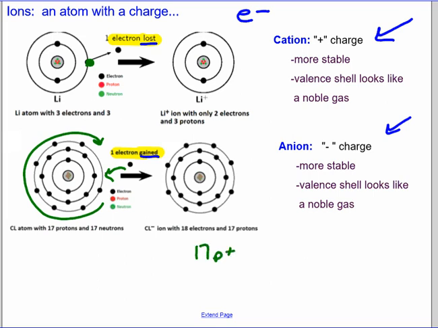Chlorine still has 17 protons in its nucleus, but now with 18 electrons, we have more negatives than positives by 1, and chloride as an ion has a -1 charge. Again, this is now looking like a noble gas. Chlorine has the same electron configuration as argon and is therefore more stable.